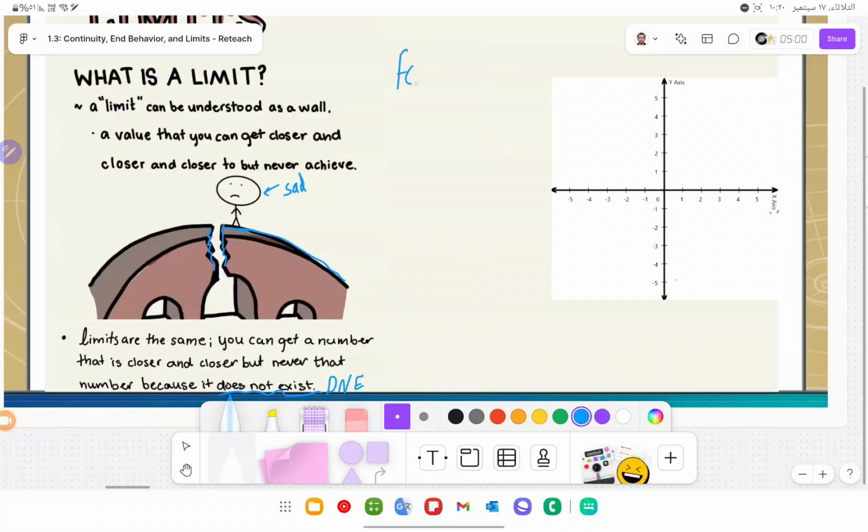Let's say I have a function f of x, for example f of x equals (x minus 4) over (x minus 4). It's just a random function. Now if I need to find my function at x equals 4, I replace x with 4, so it will be (4 minus 4) over (4 minus 4), which equals 0 over 0.